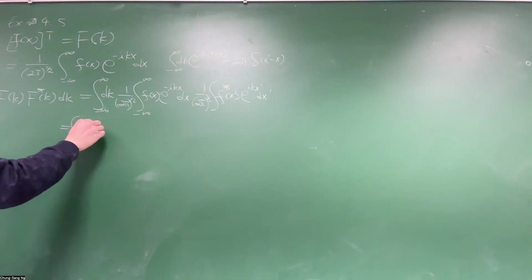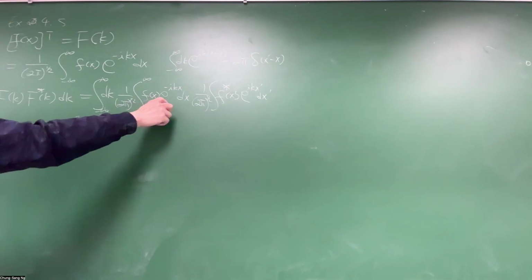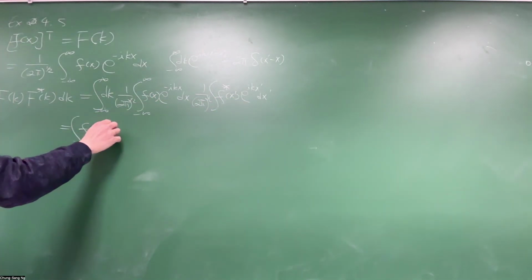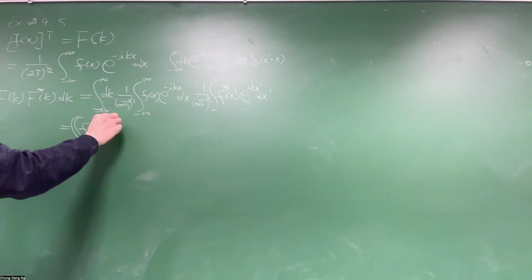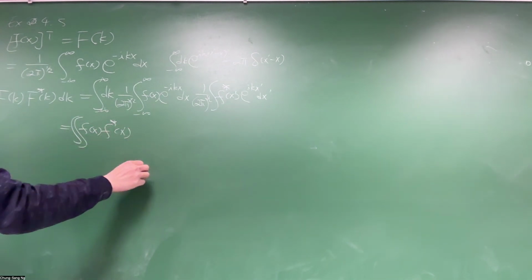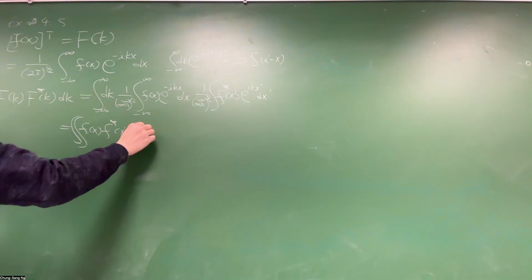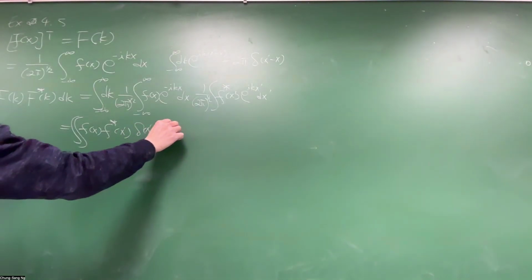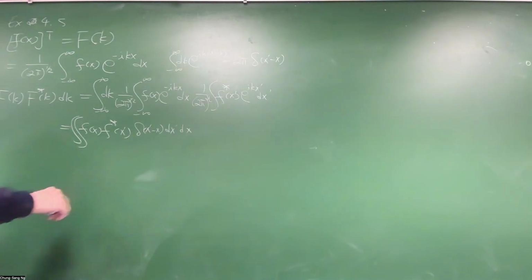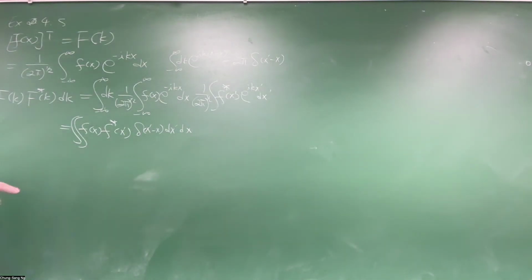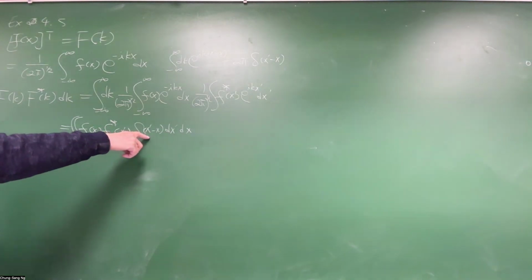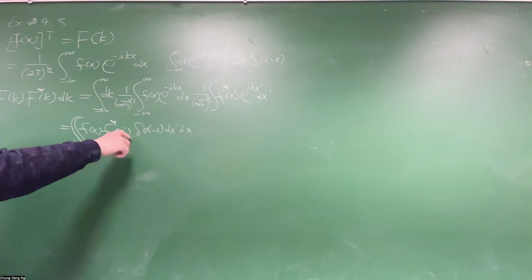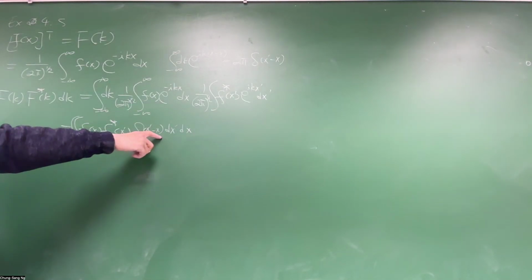You only have two x integrations, and you get rid of all the exponential functions. Then you have a delta function. You can integrate one of them out, like integrate the x prime out, using the delta function. So when you see x prime, it becomes x.